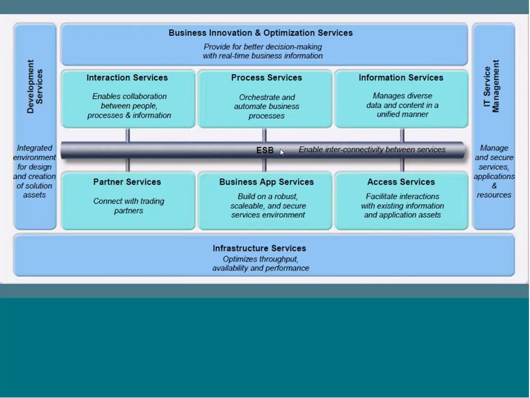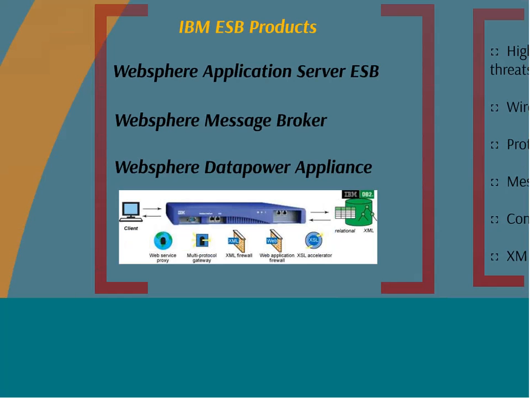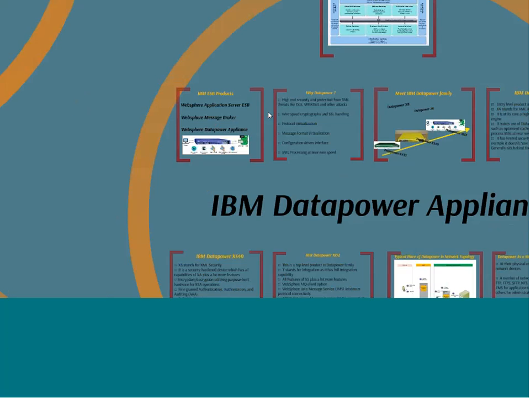So ESB is a concept, and IBM has strategically positioned some of its products towards this ESB functionality. So let's have a look at what products they are. As of now, IBM provides 3 different products which are geared towards the ESB.